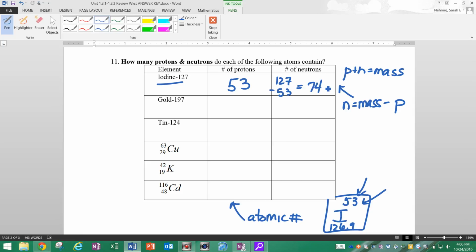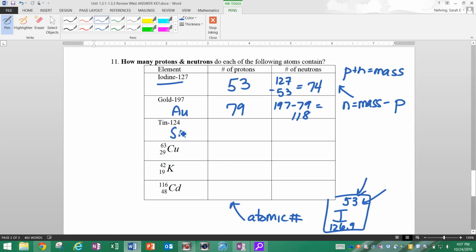Okay, so gold here. Gold is Au, so again, you know your common symbols. It has 79 protons if I look up on the periodic table, and the number of neutrons is 197 minus 79, so that is 118 neutrons.